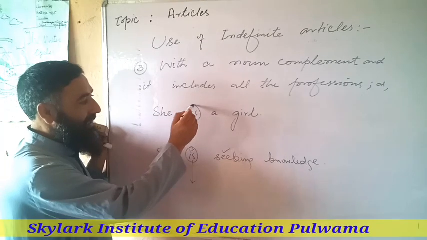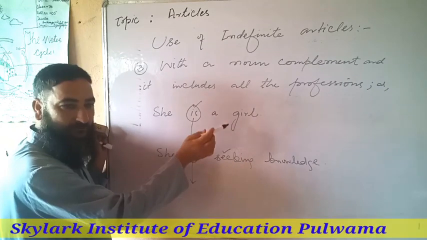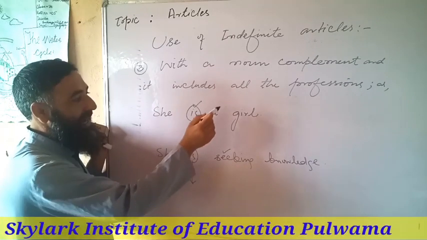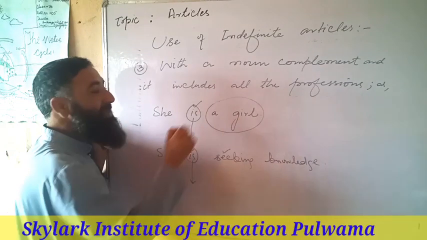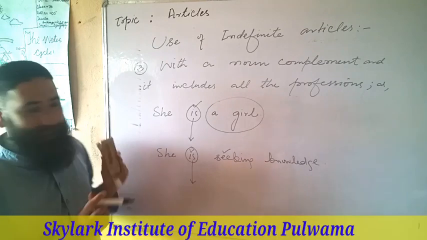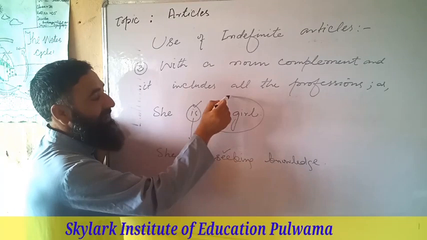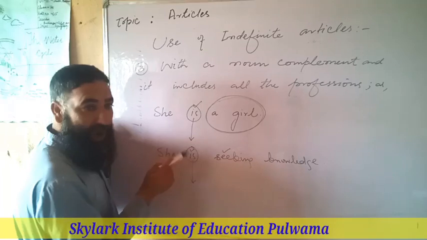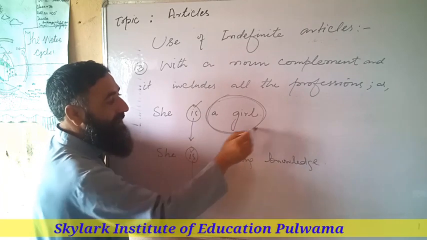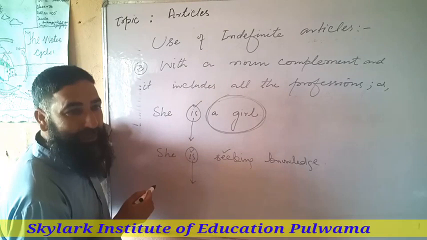When this is not followed by a main verb, then at that time it becomes a linking verb. तो linking verb के बाद अगर आप देख रहे हैं कि यहाँ पर noun है, तो this will be called a noun complement.